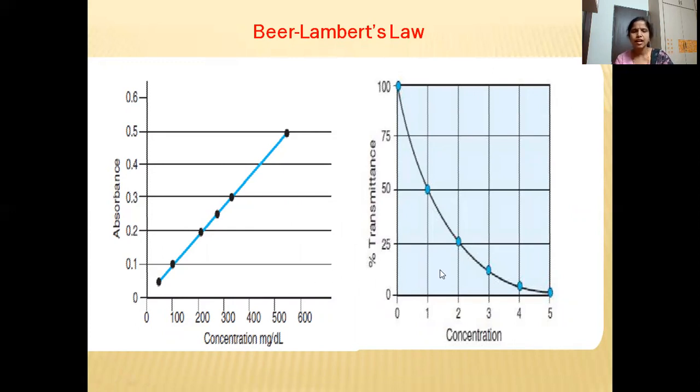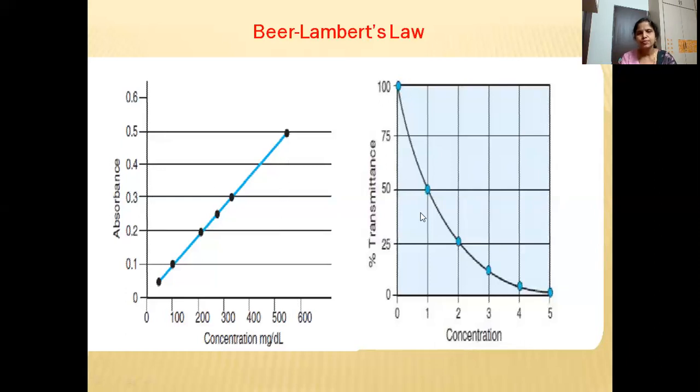Suppose we draw the graph by taking concentration and the transmittance, we will get a curve in this way. So here you can see that in the first case, when the concentration is low, the absorbance is also low. As the concentration is increasing, the absorbance is also increasing. So at higher concentration, absorbance is high.